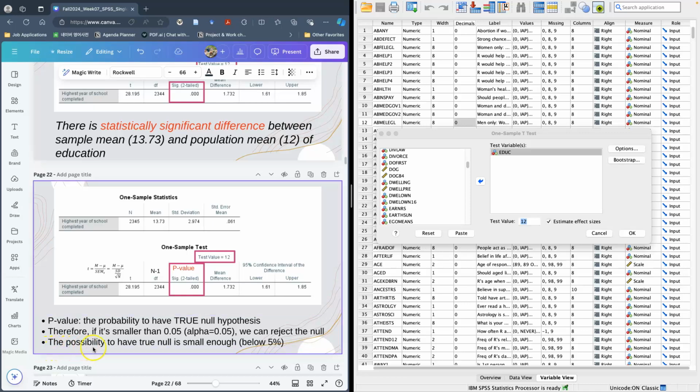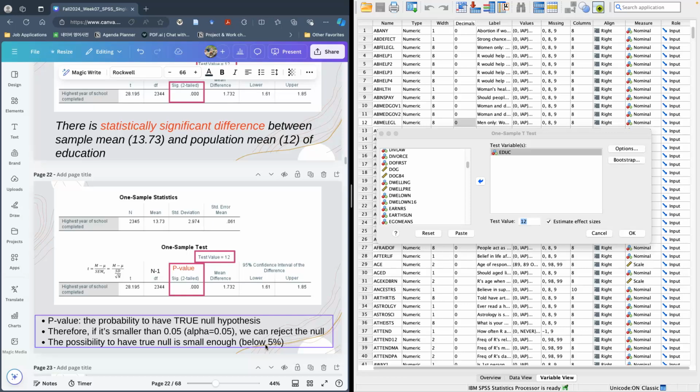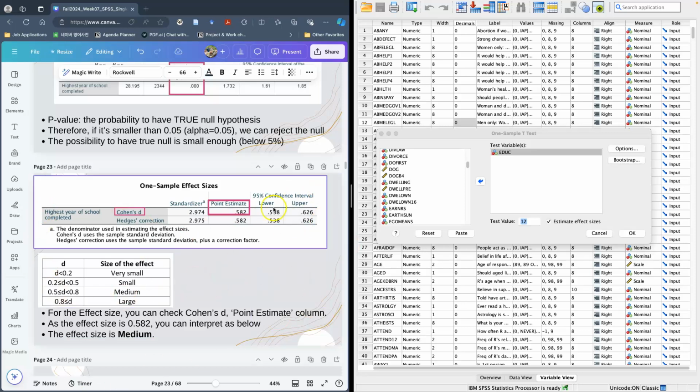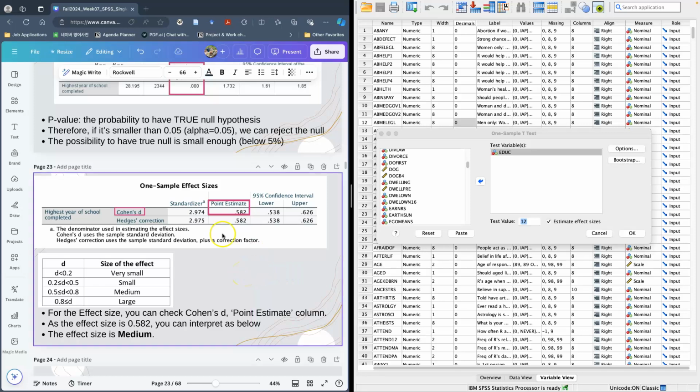It also means the possibility of the null being true is small enough, below 5%. Strictly speaking, these are not 100% true, but for easier understanding at the undergraduate level of a statistics class or research methods class, we will follow this rule. We are not covering this in depth this time, but I hope you can review the lecture slide to see that.